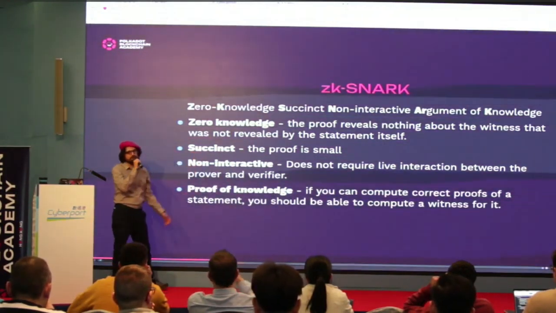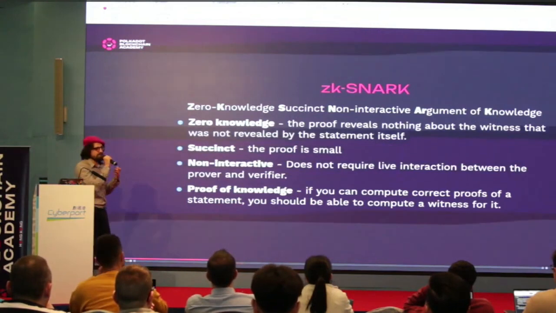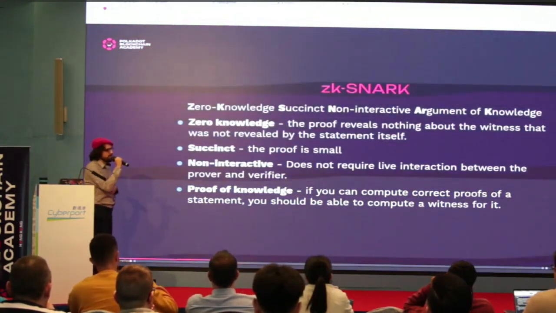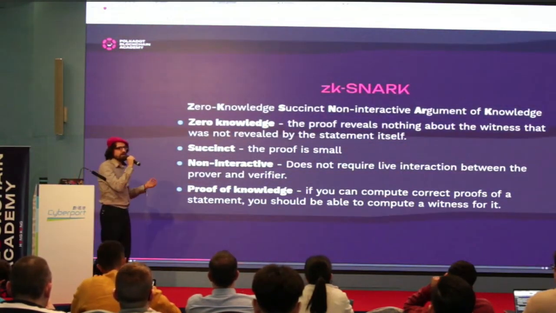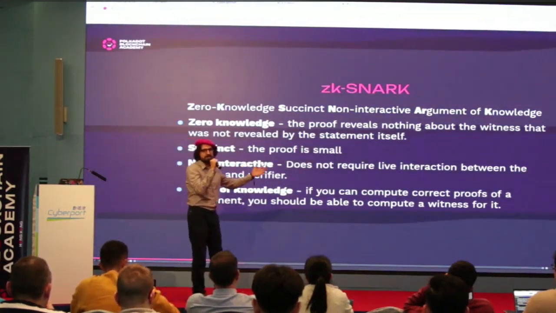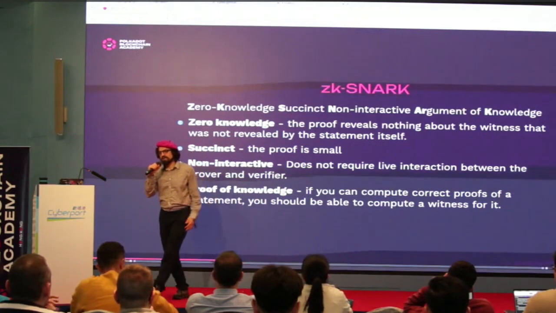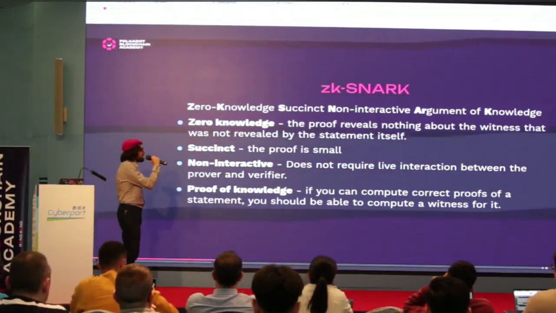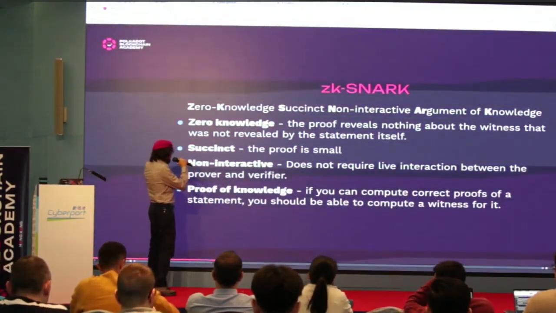So you need some property that makes the proof much, much smaller than the witness. Maybe even the verifier does not have the power, even if you give them the secret, to verify the statement because the secrets are so big. So the proof needs to be succinct.